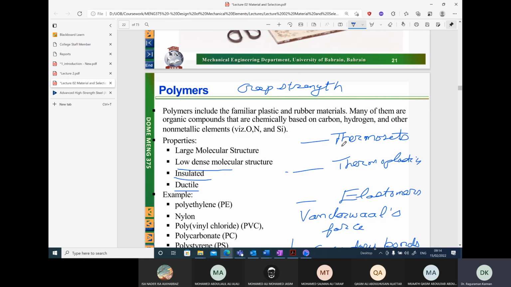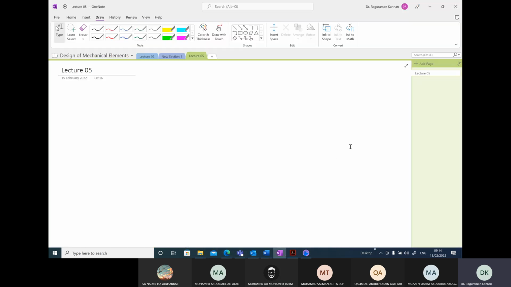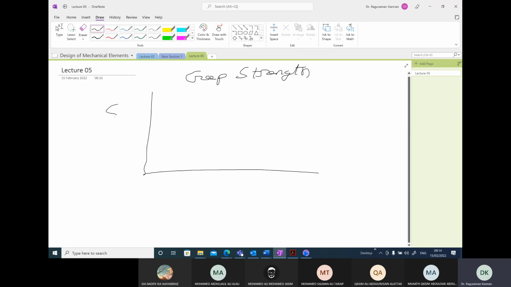So what is the creep strength? So let's see with a graph. If you look at, let's say, the yield strength of the material and plot it as a function of temperature, okay, you are going to usually see for any material the yield strength of the material will decrease.